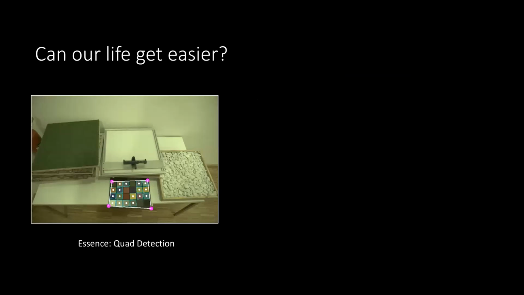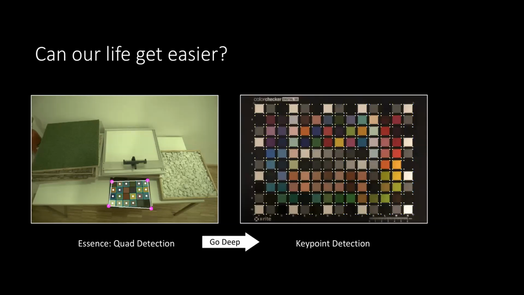But this approach requires lots of heuristics and is not robust enough. So we want to find an easier and better approach. And here we treat all corner points as key points and use a key point detector to find those color patches.